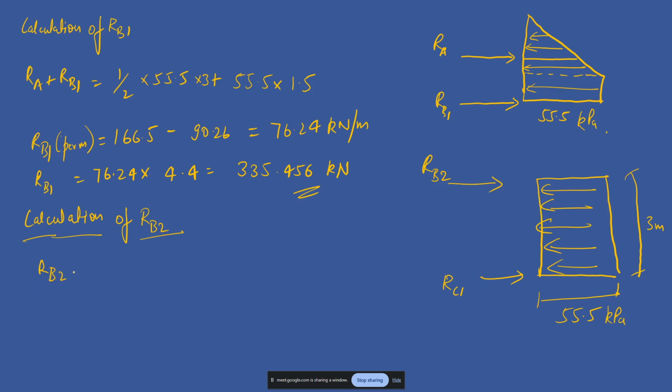So RB2 plus RC1 is half times 55.5 into 3 meter. So 0.5 into 55.5 into 3 is 83.25 kilonewton per meter.